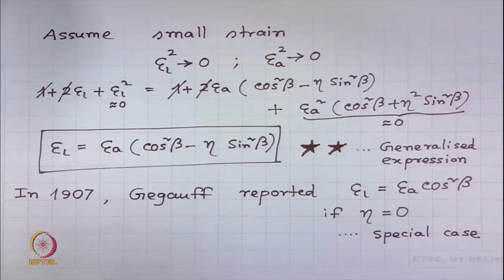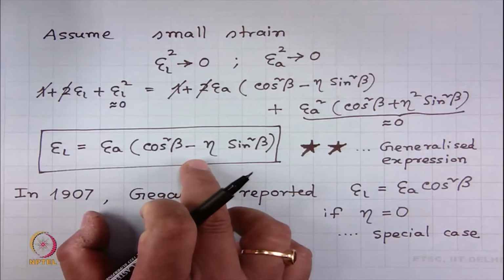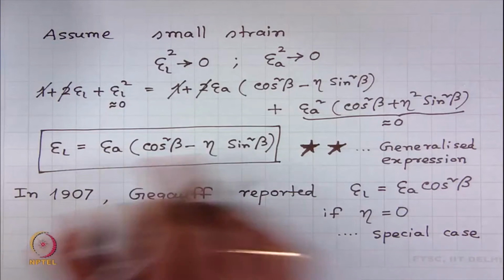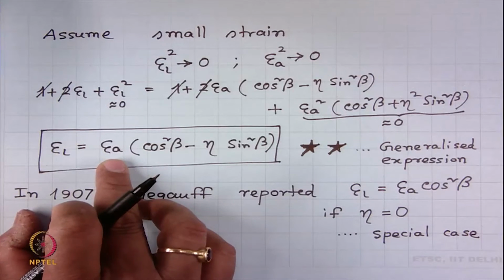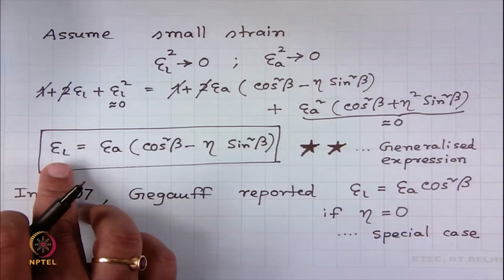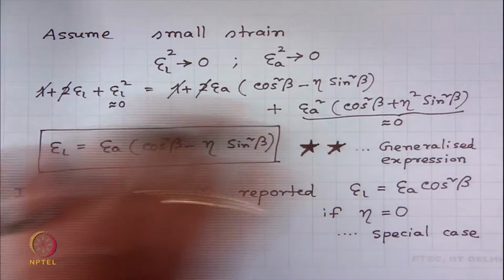If we know the contraction ratio, twist angle and yarn axial strain, we will be able to predict fiber strain using this relation.